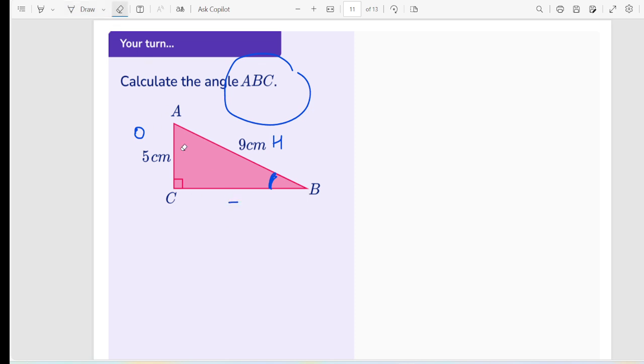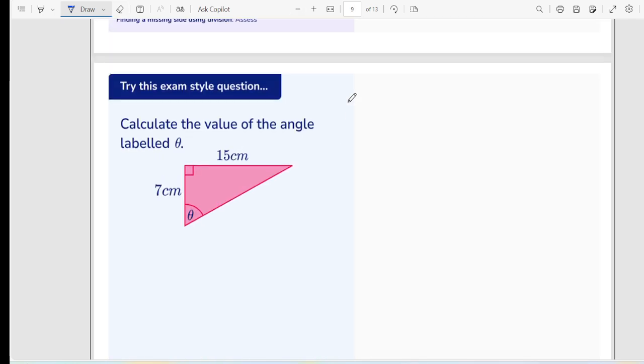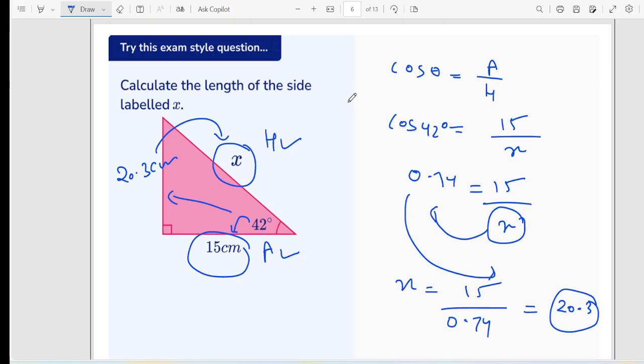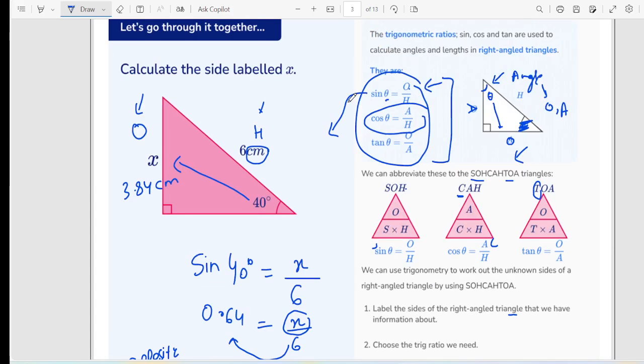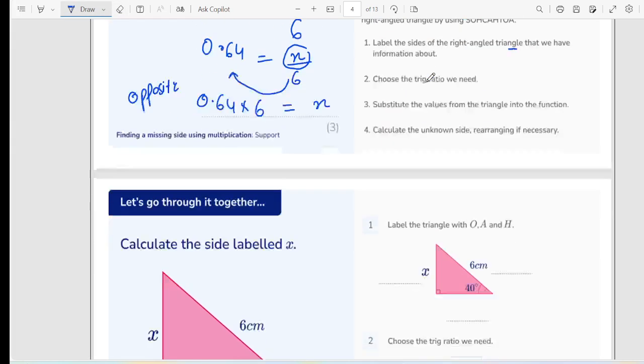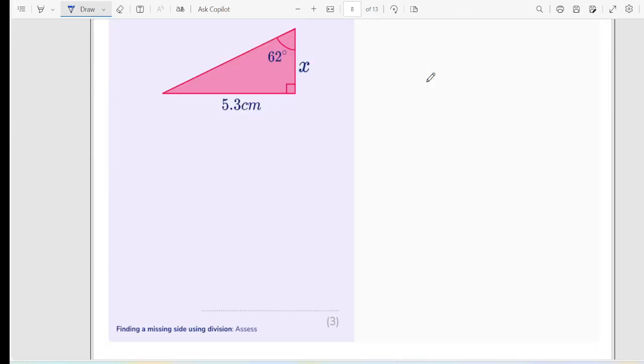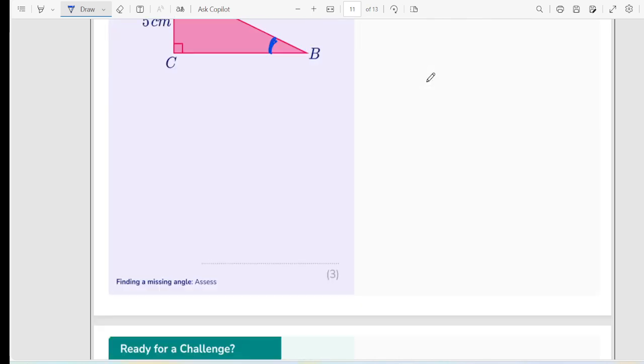So basically we are given two things, opposite and hypotenuse. Now I have to check in which trigonometric ratio opposite and hypotenuse exist together. If you look, opposite and hypotenuse are in sine theta, which is O over H.